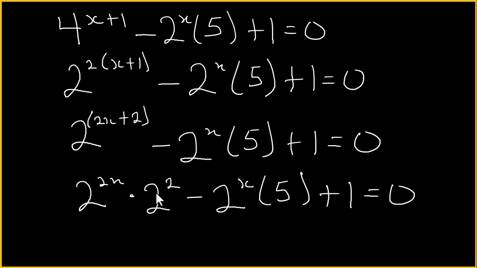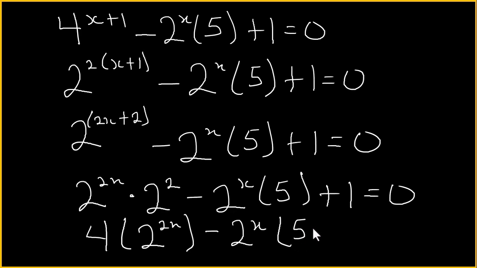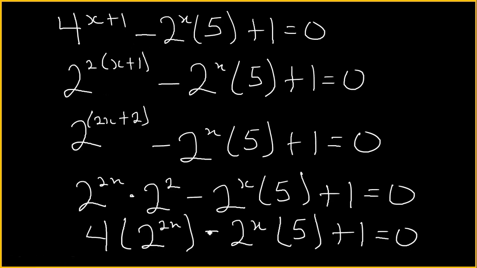Now 2 raised to the power 2 is 4. So we have 4 multiplying 2 raised to the power 2x, minus 2 raised to the power x by 5, plus 1 equals 0.